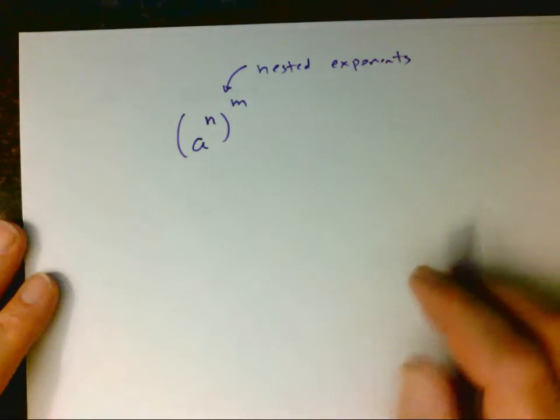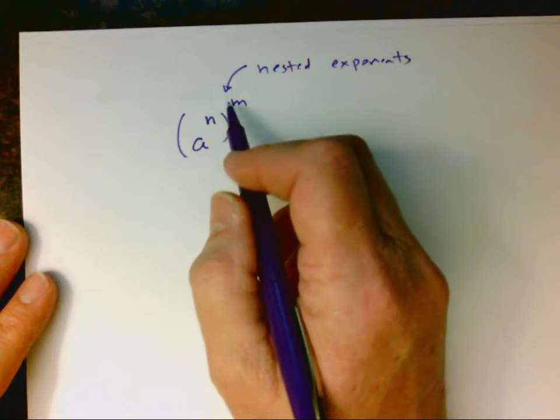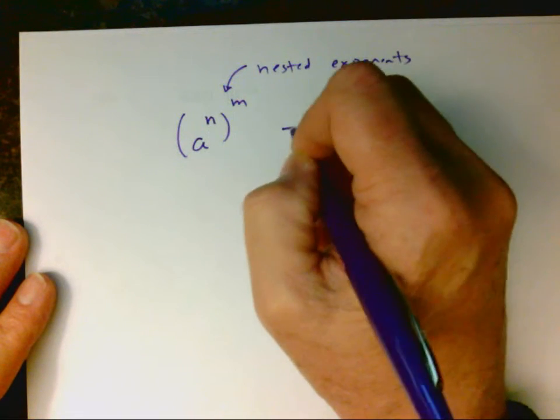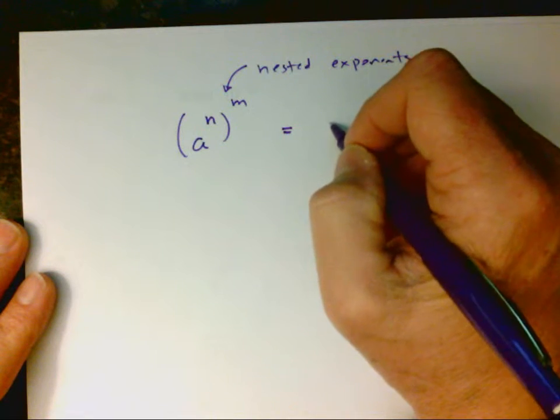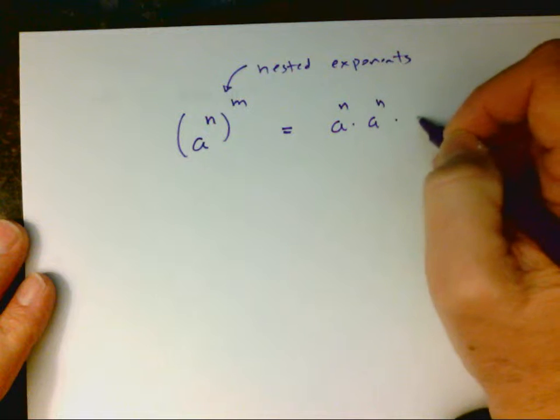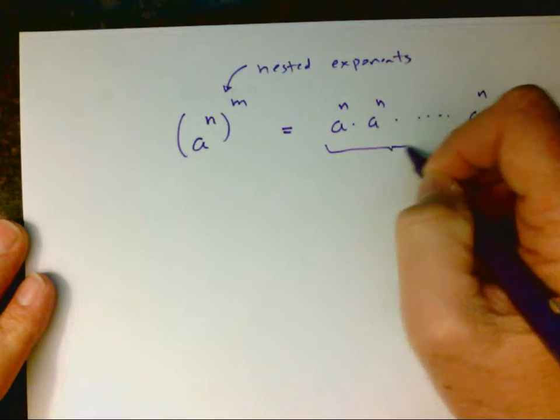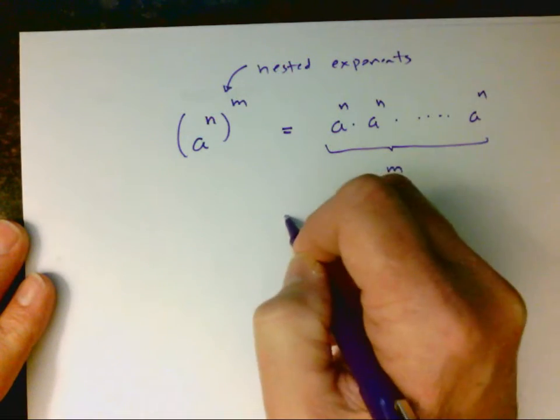And there's nothing else going along. There's no addition or anything in here. It's basically exponent, again to an exponent. Then that's going to be a to the n times a to the n times, you just keep going, a to the n. You've got m copies of all that.